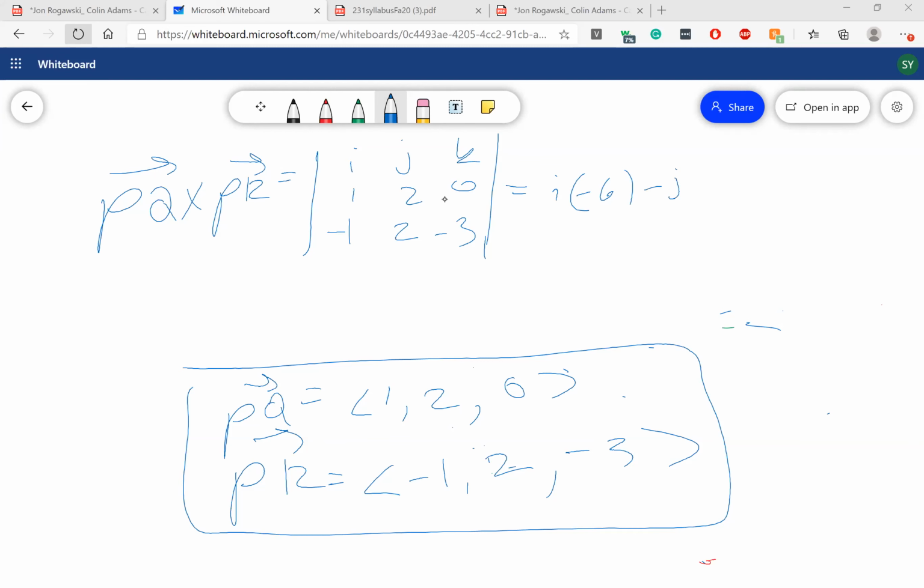So now for j, we're going to have -3, and then minus 0. So that once again, I'm just going to put a plus here. And then for k, so plus k, and then we're going to have 2 and 2, so +2. Okay, so this is going to be the vector -6, 3, and 2.